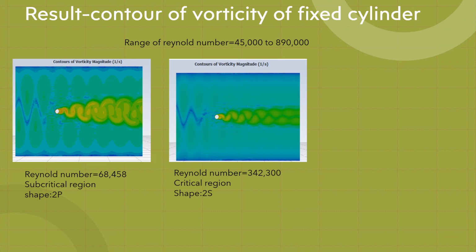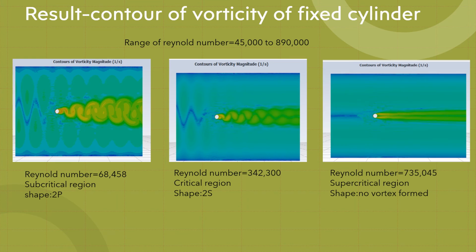However, when the Reynolds number is 342,000, it is in the critical region and the shape is 2S. And when the Reynolds number is around 735,000, it is in the supercritical region and there is no obvious vortex shape formed.